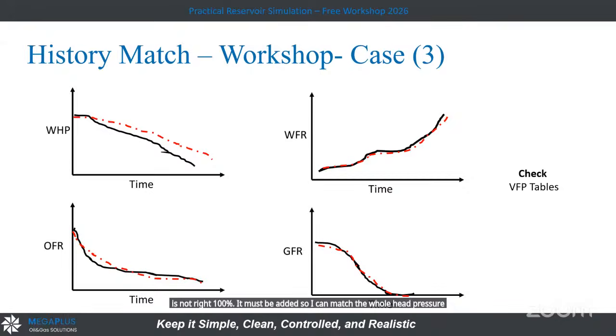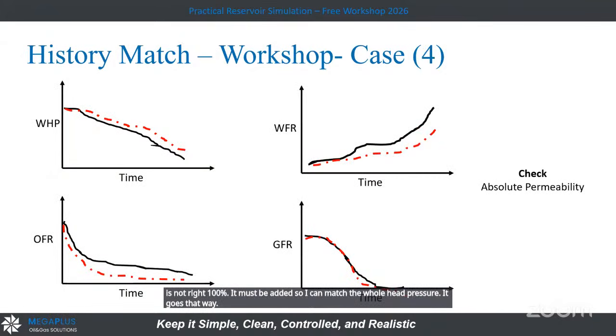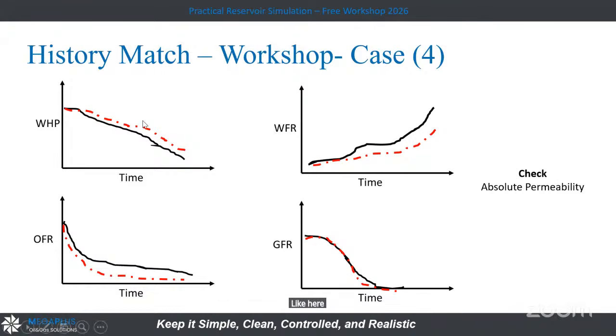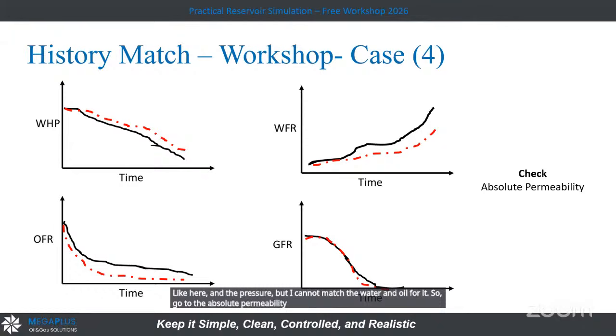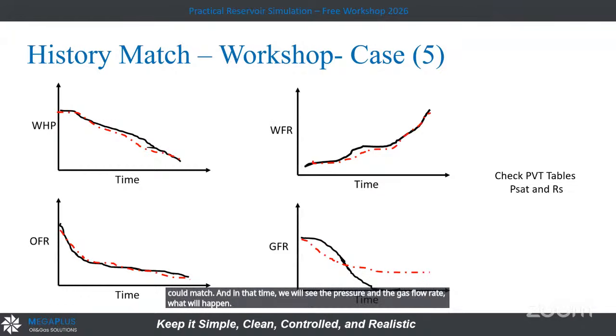Another example: if I'm matching the gas flow rate and the pressure, but I cannot match the water and the oil flow rate, go to the absolute permeability. I need to check my absolute permeability to increase the flow of the reservoir, so the water flow rate and oil flow rate could match. And then we will see what happens to the pressure and the gas flow rate.